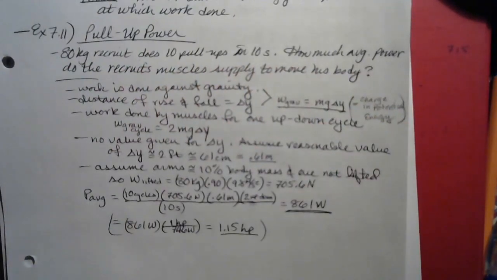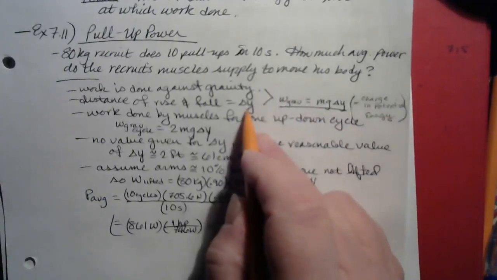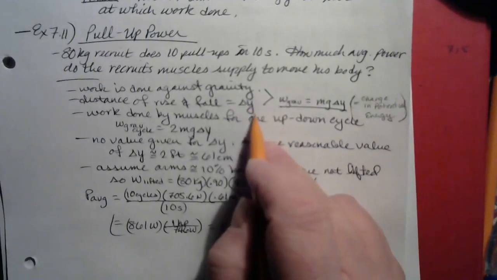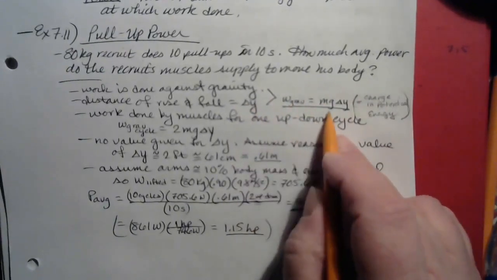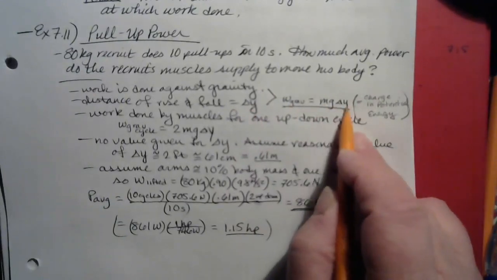So there's some things that we have to consider in solving this problem. First of all, work is being done against gravity in order to pull himself up. The distance of the rise and fall we're going to call delta y, up and down. And the work due to gravity is going to be mg delta y.